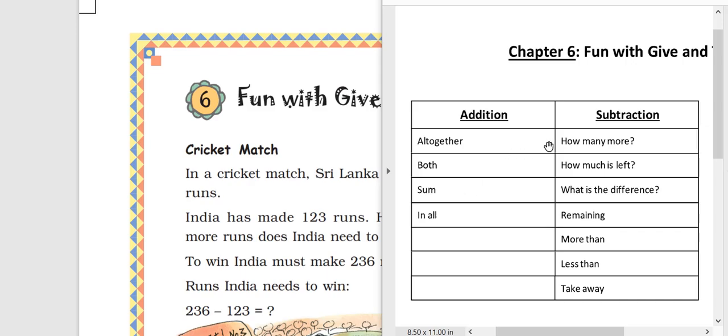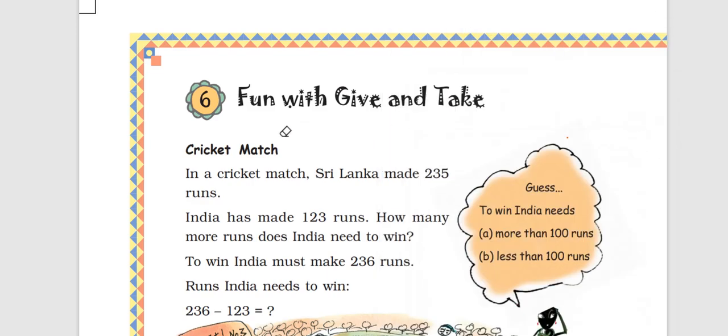When we find phrases such as how many more, how much is left, what is the difference, or words such as remaining, more than, less than, take away, we need to subtract, minus the numbers in the problem. Okay, now let's start the chapter.